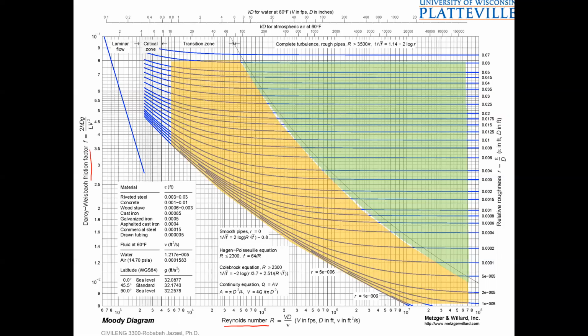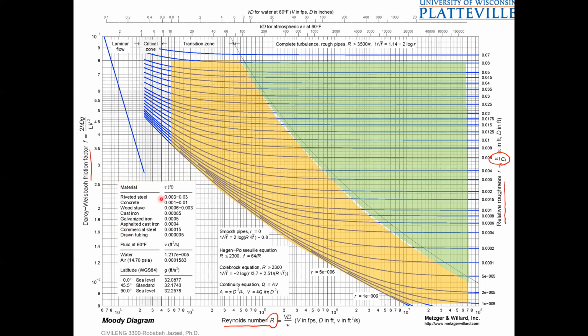Here you have relative roughness, or epsilon over d. So you can find relative roughness here, and read Reynolds number from here, then just find out what is friction factor.